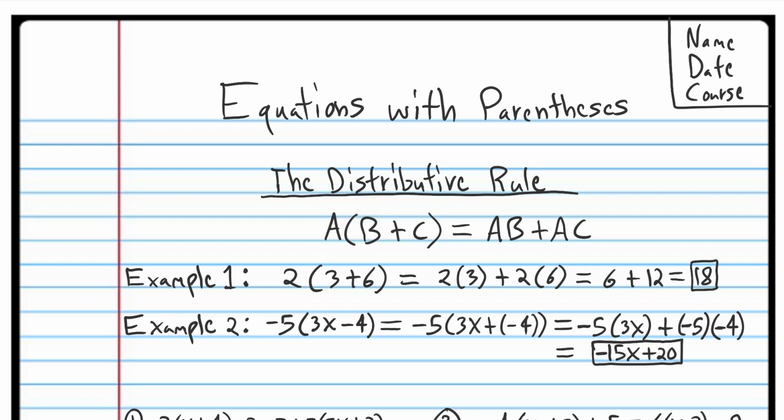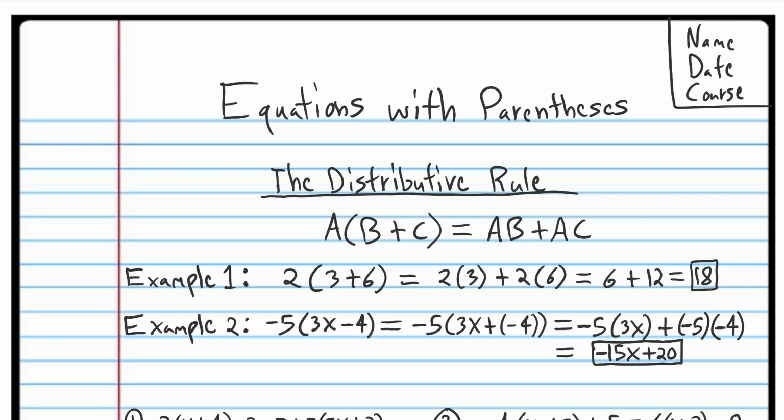So it says that if you multiply a number by a sum, then the result is the product of the number and the first number in the sum plus the product of the number and the second number in the sum. So that's kind of a mouthful to say all that.